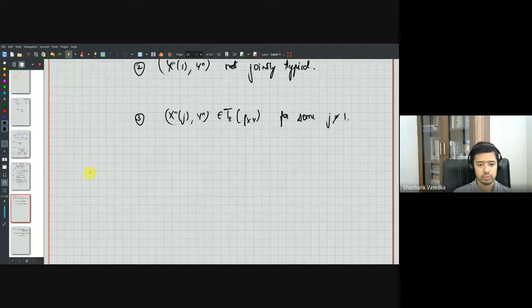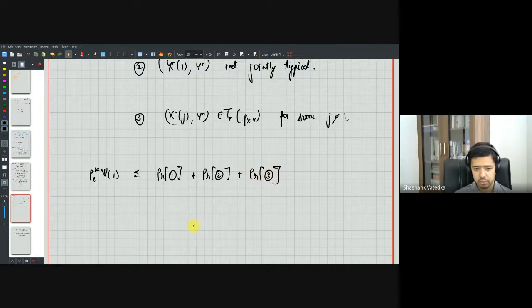So the probability of error, P of E given message 1, I claim is less than or equal to the probability of event 1 occurring plus the probability of event 2 occurring plus the probability of event 3 occurring. Why is this true?